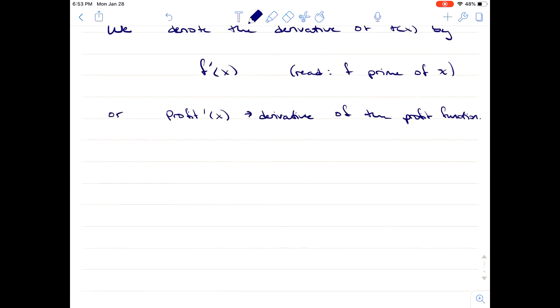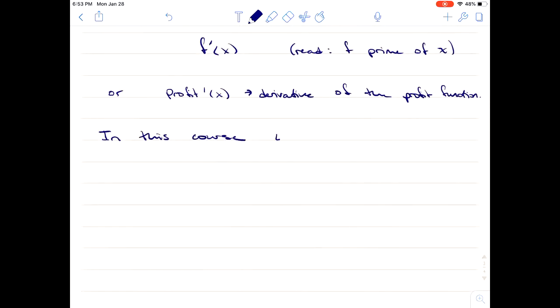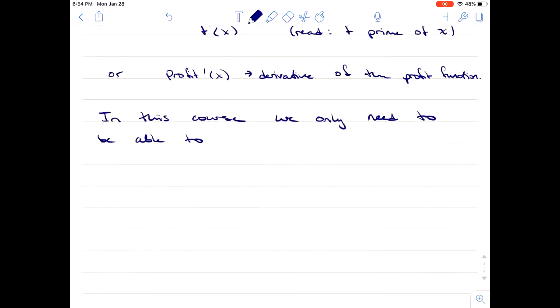So in this course, we only need to be able to find the derivative of a polynomial. What's a polynomial, you ask? Or maybe you know.